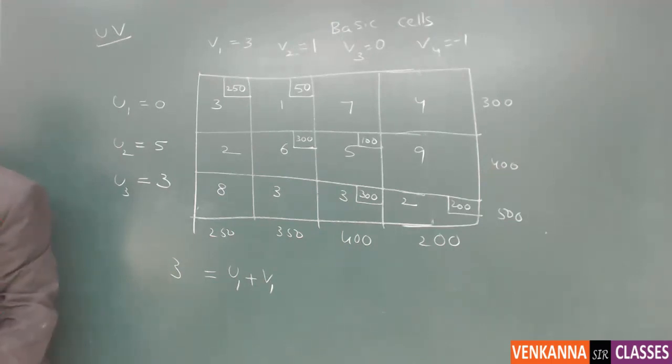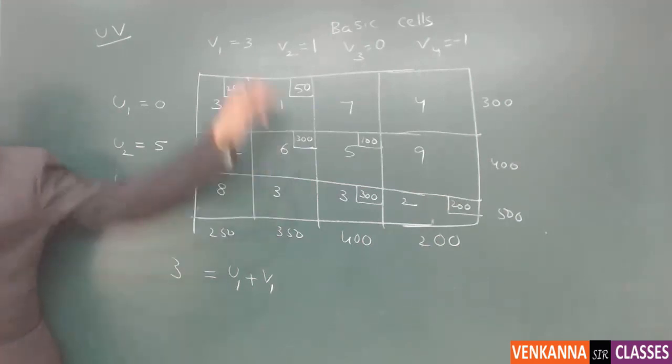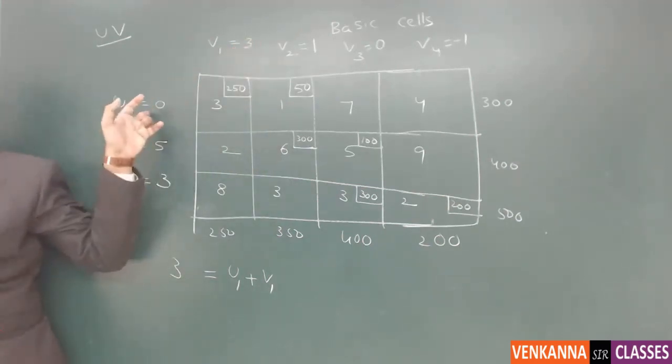Any doubts for anybody so far? What I did, please check on that. Any questions? Yes. At first, we can put this value as 0 and this value as 3.